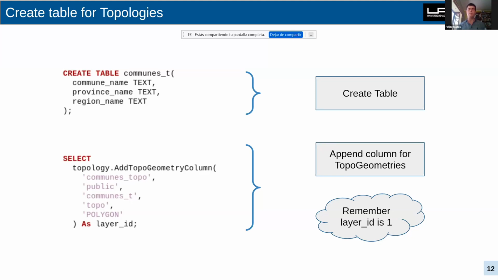In this case, it will be the polygons for the communes. For now, let's remember the output of this function, which will be the layer ID, which is 1. And we'll check deeper what this is later.